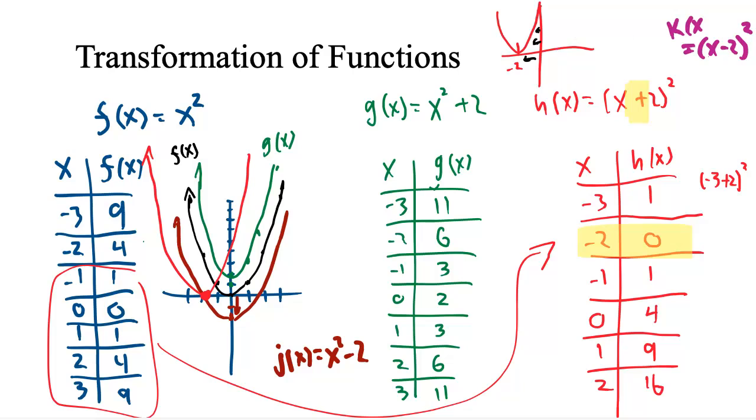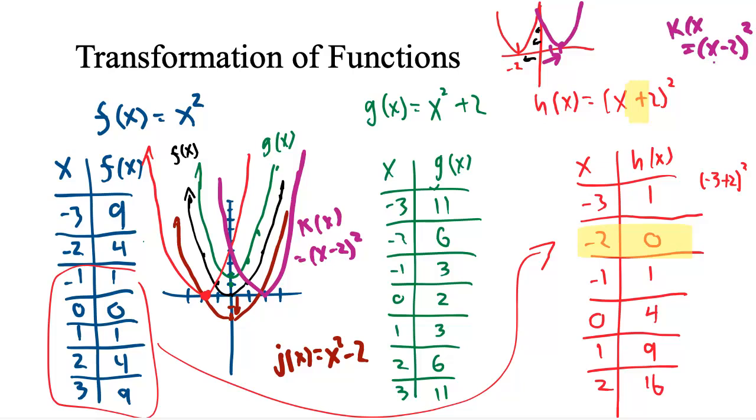So by subtracting 2 on the inside, I would go over here to the positive, and hopefully we can understand it would be the same general mode, that if you move that way to the right, again, I'm going to graph this on this graph here, right? Then this would be k of x equals x minus 2 squared. Okay? So because you're minusing on the inside, it shifts everything to the right.